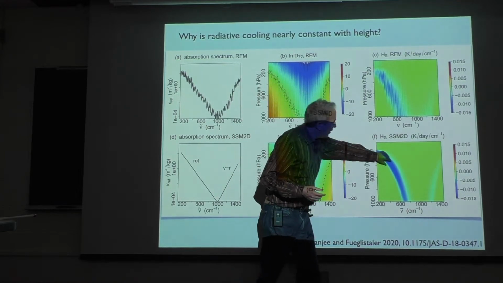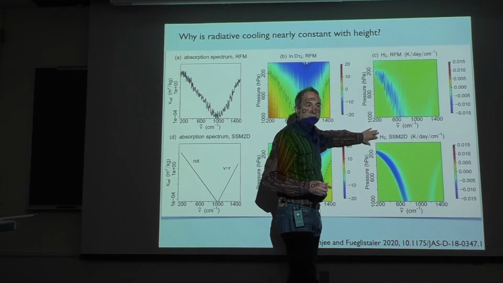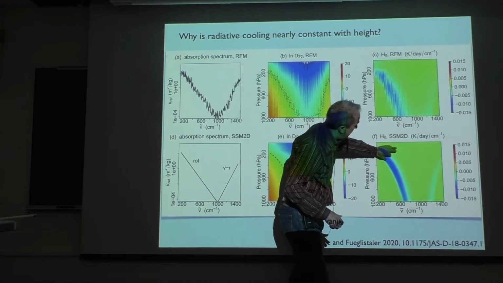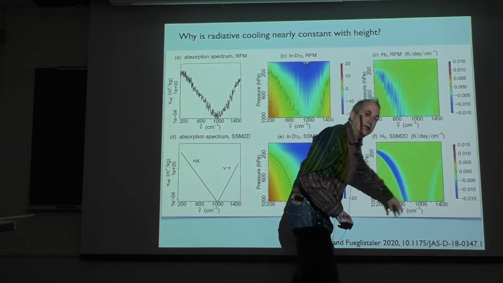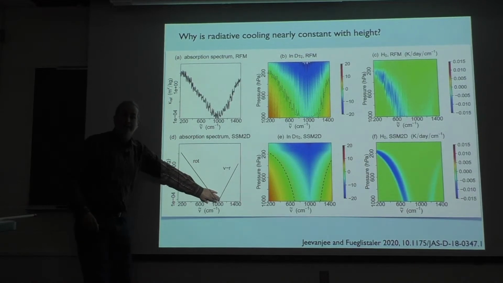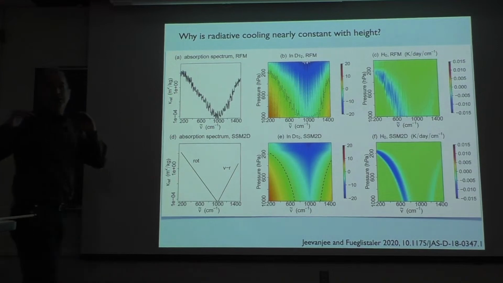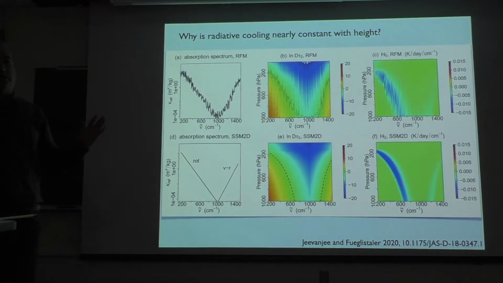What range of wave numbers that is depends on how much water vapor is above you. But the reason that you can keep cooling all the way to the ground is because you have this wide range of opacities of water vapor. So this physics is going to turn out to underlie essentially everything else that I showed you.